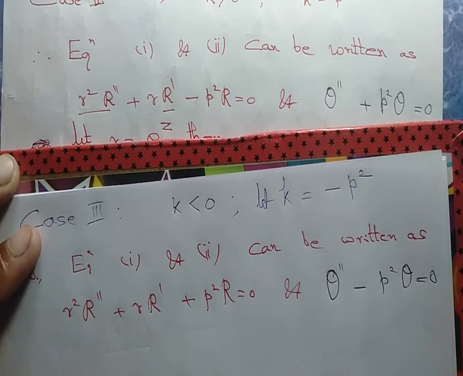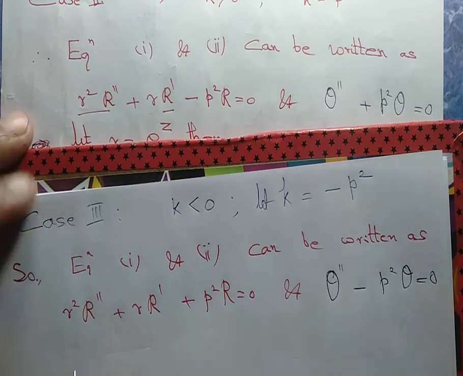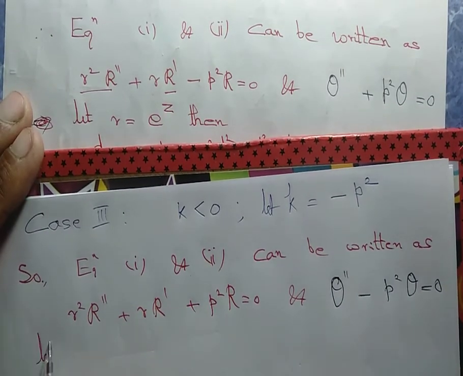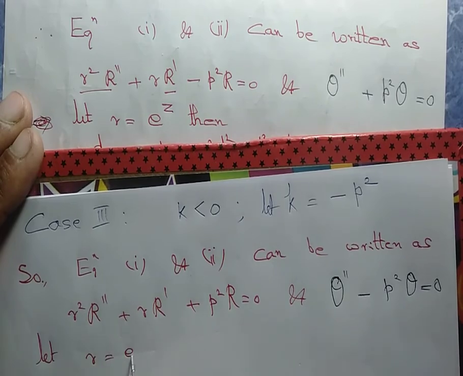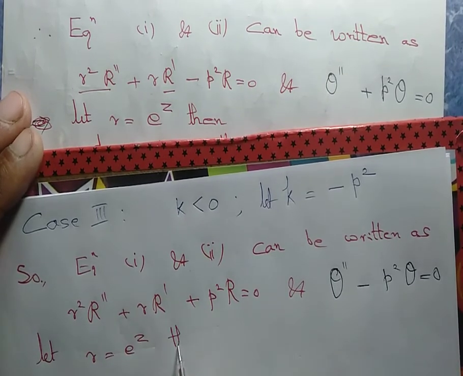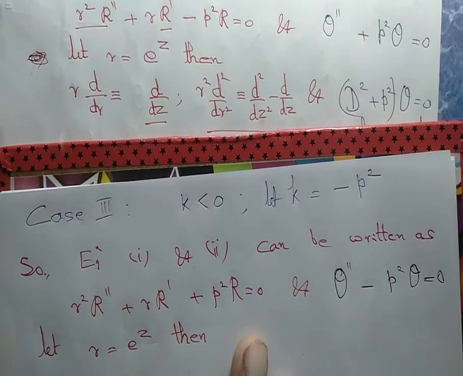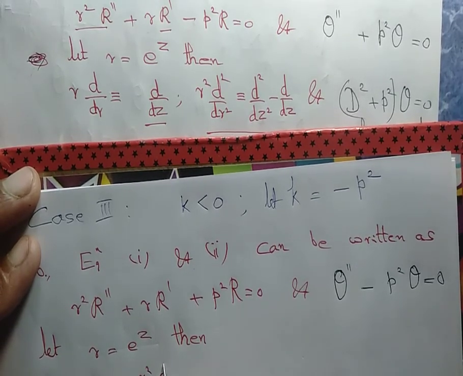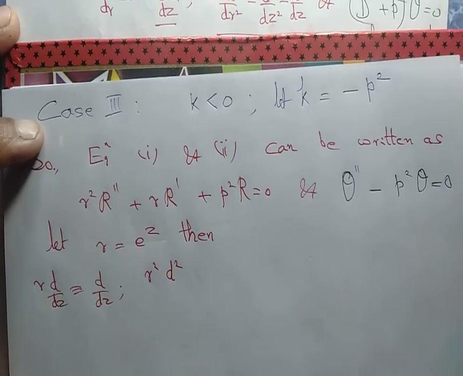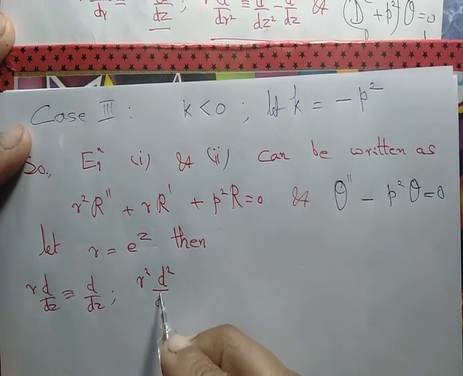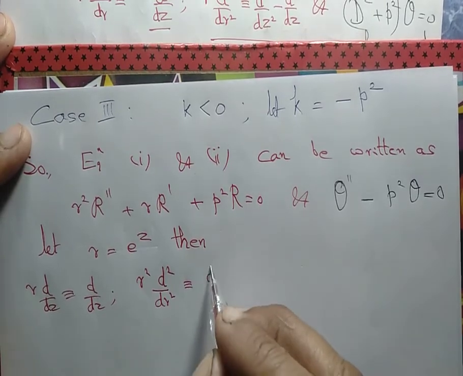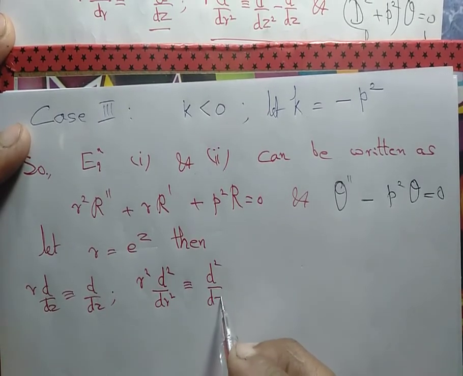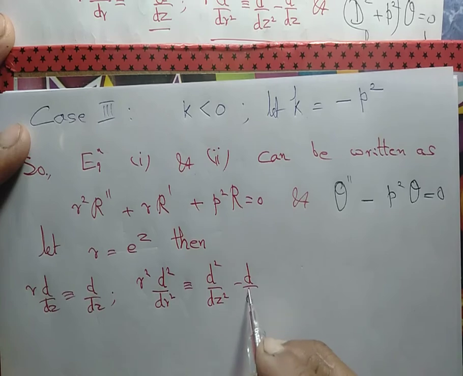Once again, you will choose, let r equal to e to the power minus z, then r d by dz is equivalent to d by dz, and r square d2 by dr square is equivalent to d2 by dz square minus d by dz.